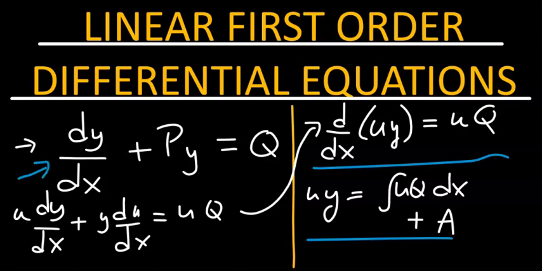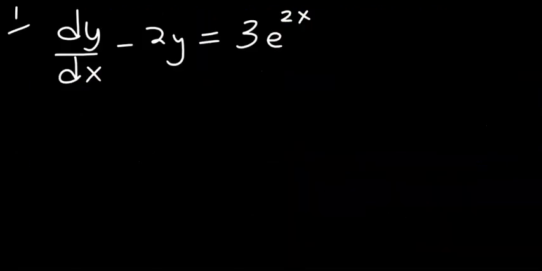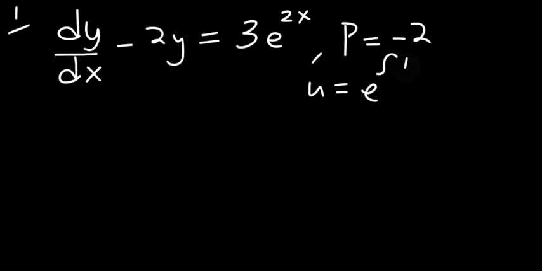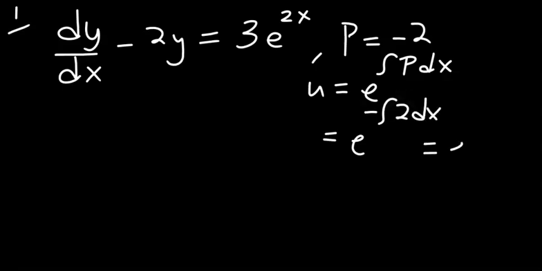Let's do a few examples. Example 1. We know p in this case is just minus 2. So the integrating factor u is e to the power integral p dx, which is e to the integral of minus 2 dx, and that's going to give you e to the power minus 2x.